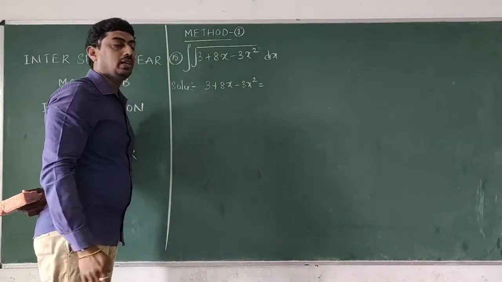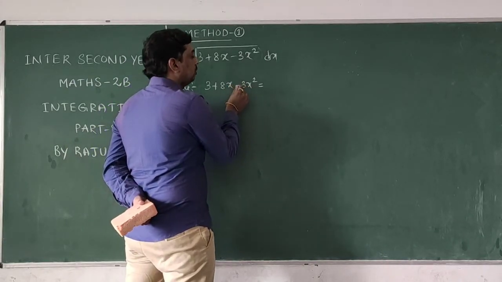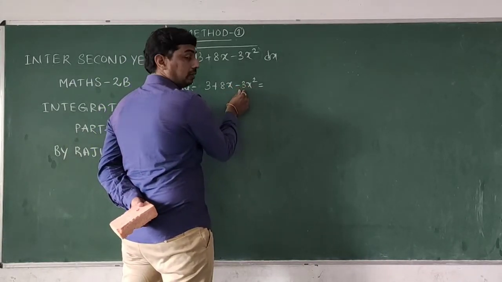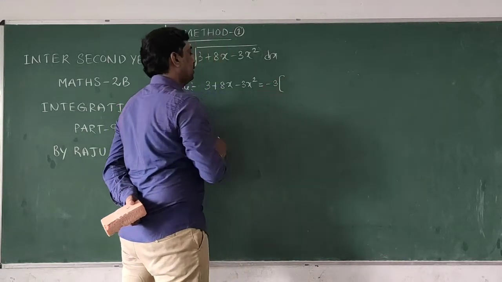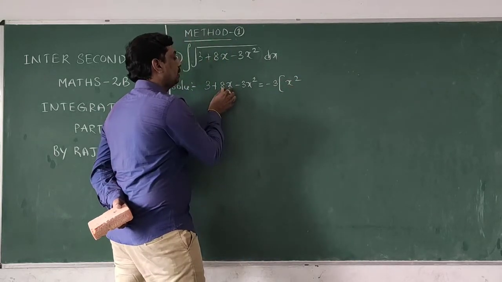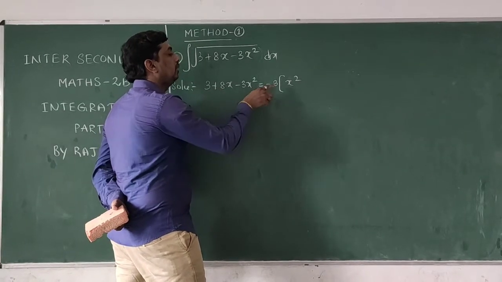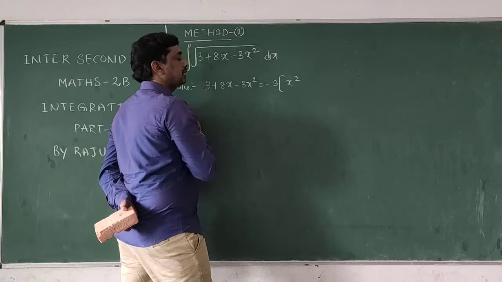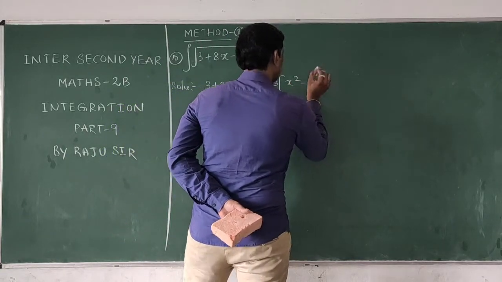What is the process? Take the x square coefficient common. What is the x square coefficient here? Minus 3. Minus 3 is common from these 3 terms. Remaining, first write down the x square term. After that, 8 is not a multiple of 3, so if you take minus 3 common from plus 8x, it becomes minus 8x by 3.